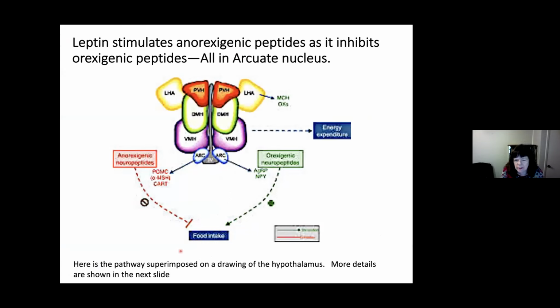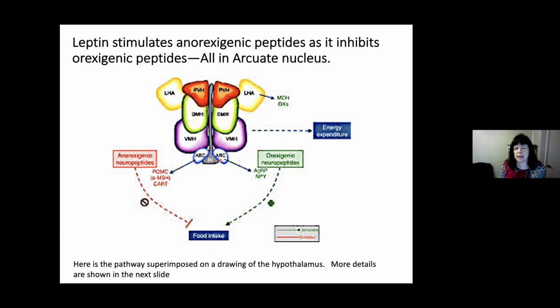So here is a very simple model. You can see basically the anorexigenic peptides inhibit food intake, which is like a black box. And we're not going to go into details on the black box. And these orexigenic peptides stimulate food intake, and they all come from this tiny nucleus here.